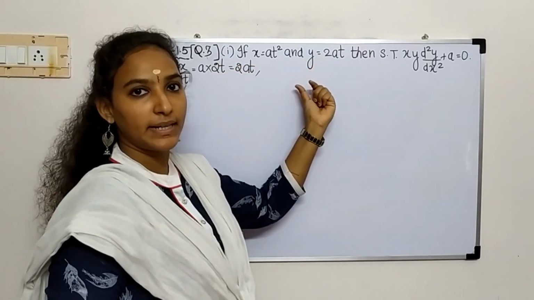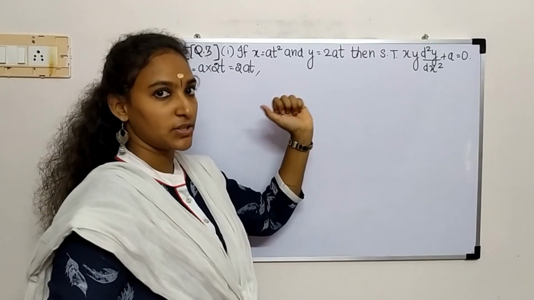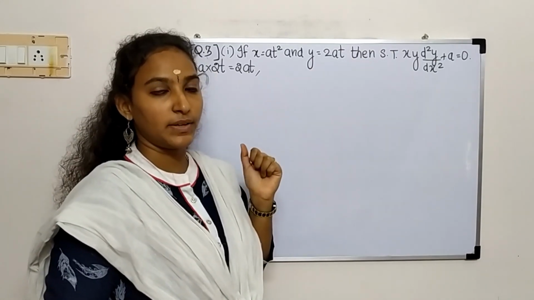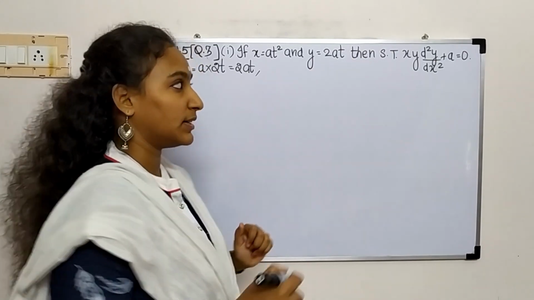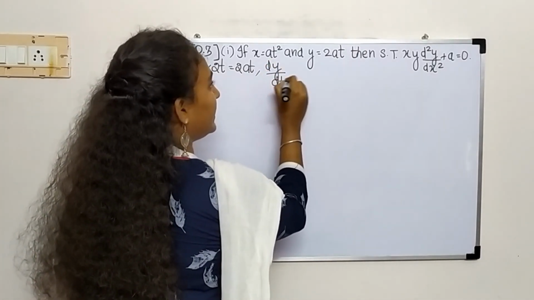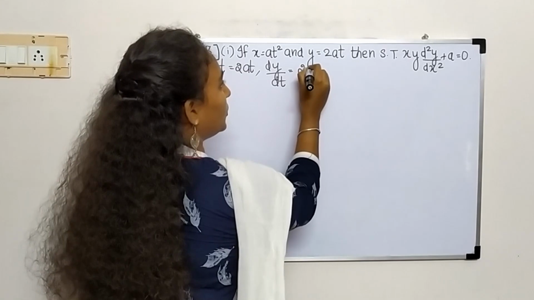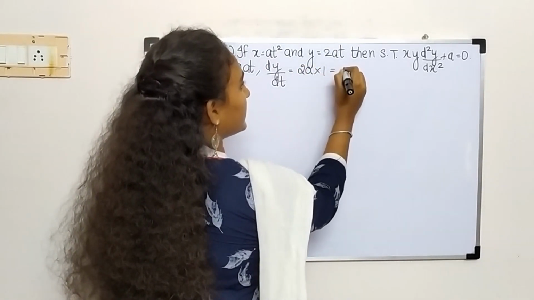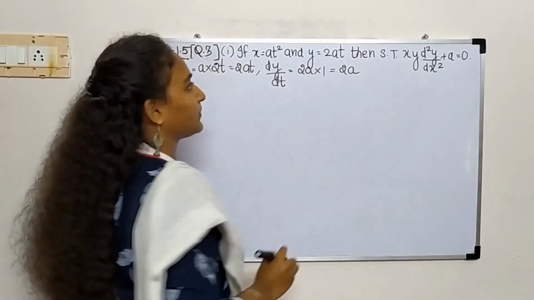Similarly for dy by dt, 2a is a constant. We are going to find the derivative of t. Derivative of t is 1. Therefore, dy by dt is equal to 2a multiplied with 1, which is equal to 2a.